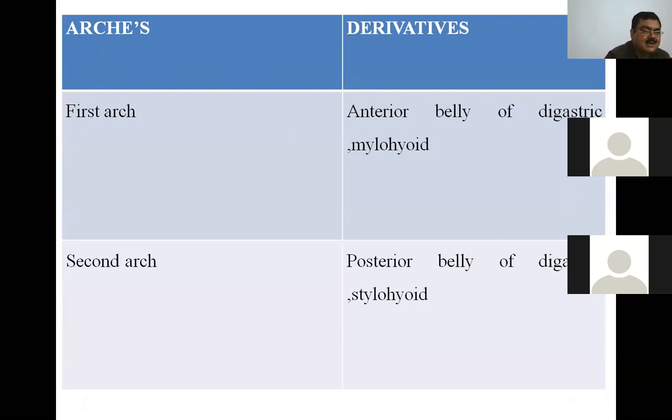So both are supplied by first arch nerve, that is mandibular nerve, and its branch nerve to mylohyoid. The second arch gives the posterior belly of the digastric and stylohyoid. Both these muscles develop from second arch and the nerve of the second arch is facial nerve. That's why the posterior belly of the digastric and stylohyoid are supplied by the facial nerve.